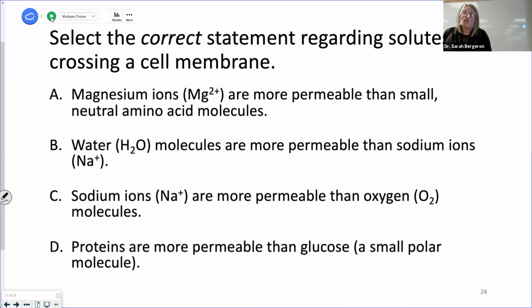Okay, so let's try another one. This is really similar to what we were just talking about. Select the correct statement regarding solutes crossing a cell membrane. Okay, so read each statement carefully.